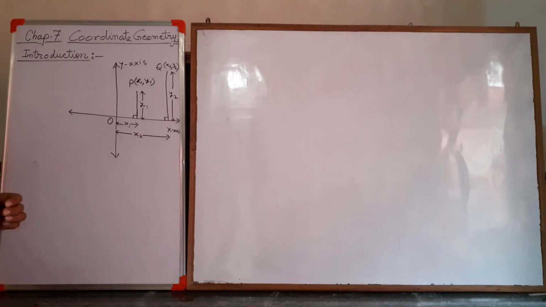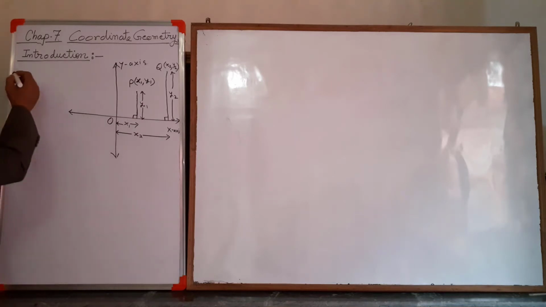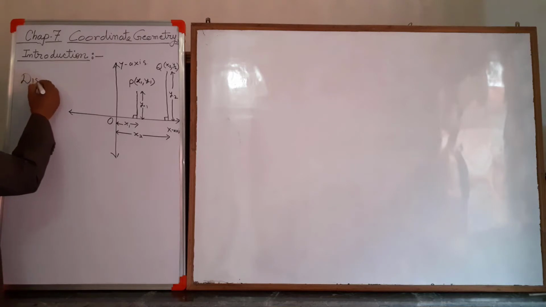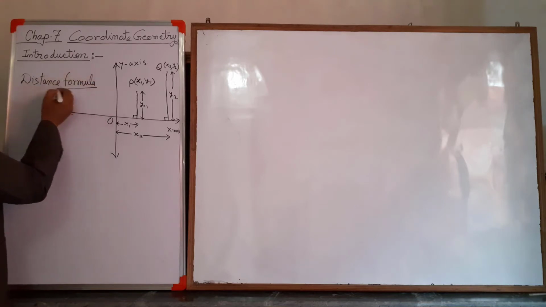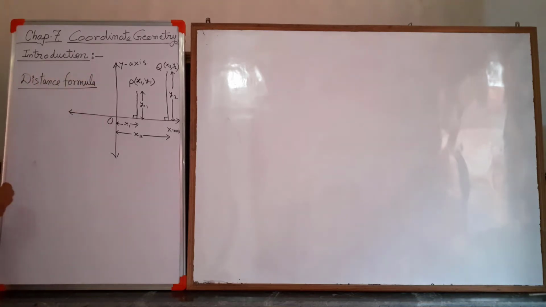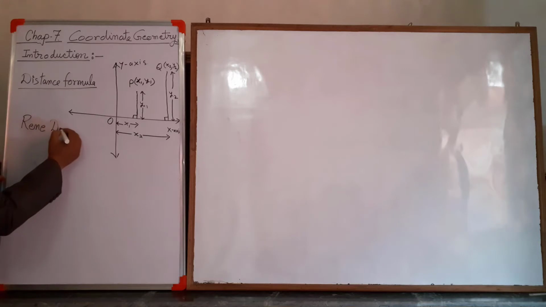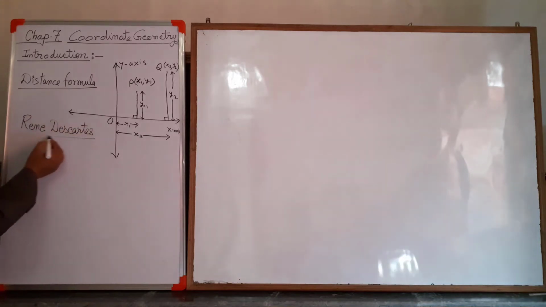Students, in class 10th you will study about the first thing, that is distance formula. See first its derivation. As you know, students, this coordinate geometry is given by a great mathematician, René Descartes. A French mathematician gave the idea of this coordinate geometry very first time.